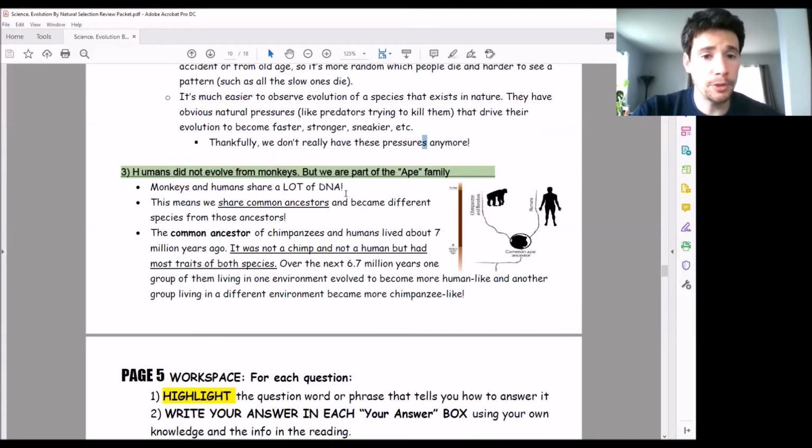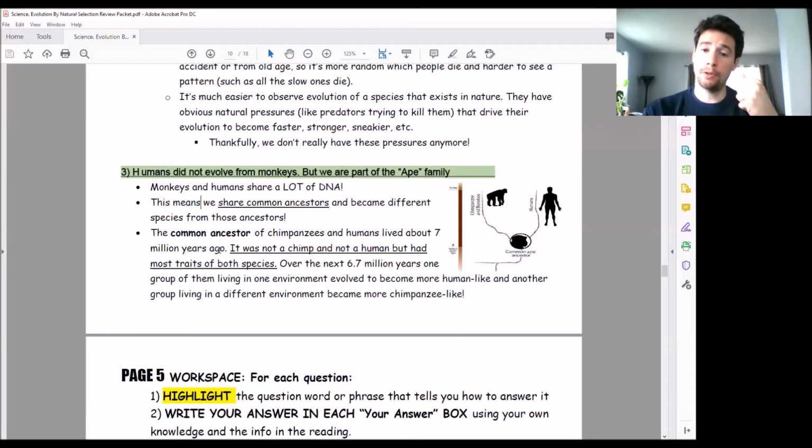But although we share a lot of this DNA, we didn't come from them. Monkeys and humans, we share a common ancestor. And that means that there was something that existed before there were monkeys and before there were humans, in the way that we know of monkeys and humans now.